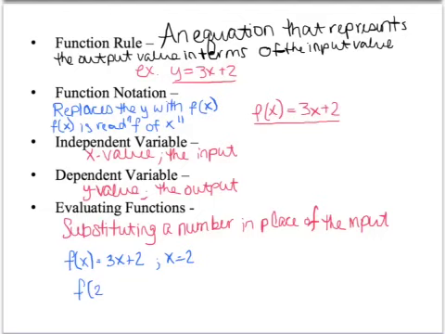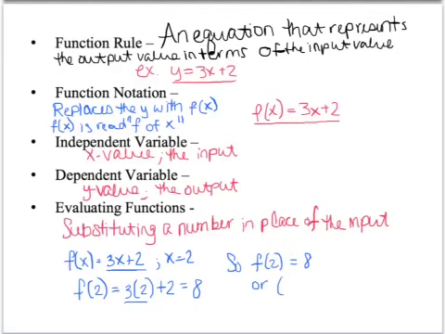I'm going to throw in 2, and for x, that means that on the right-hand side, everywhere I see an x, I replace it with 2. Well, 3 times 2 is 6, plus 2 is 8. So when my input is 2, my output becomes 8. Or I can think of that as an ordered pair, (2, 8).